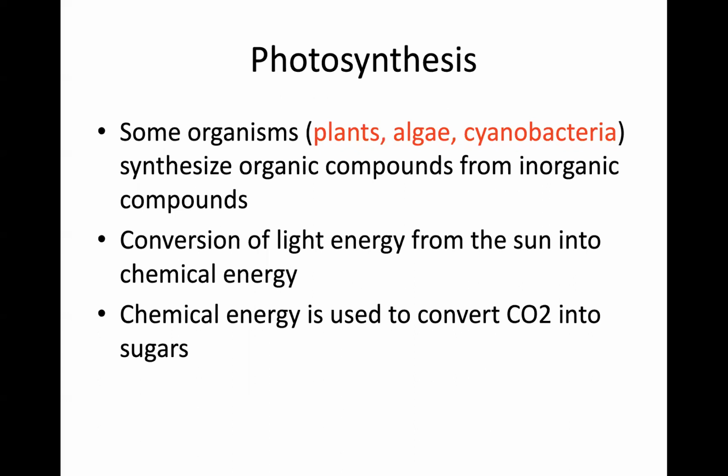But for the sake of this conversation today, make sure you have in your notes that photosynthesis is a process that some organisms, such as plants, algae, and some bacteria, utilize in order to harness the energy from the sun for glucose production.